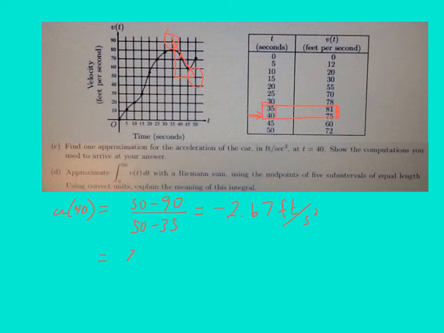So it's going to be 75 minus 81 over 40 minus 35. So I could punch that in and I can get another approximation. So I have negative 6 divided by 5, negative 1.2. The fact that it's quite different from the first one doesn't matter. It is one approximation. Okay, let's keep going.